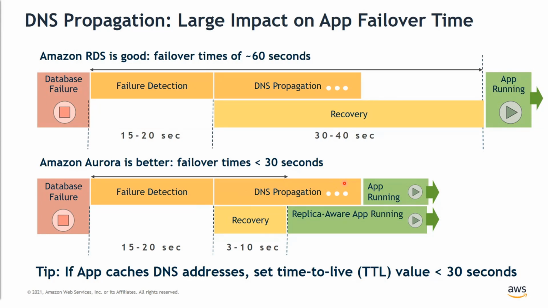And there are a few ways to manage that. For example, if your application caches DNS addresses as opposed to making iterative calls to the DNS service, you can set your time to live values on the network layer sufficiently small so that the DNS gets updated more quickly.